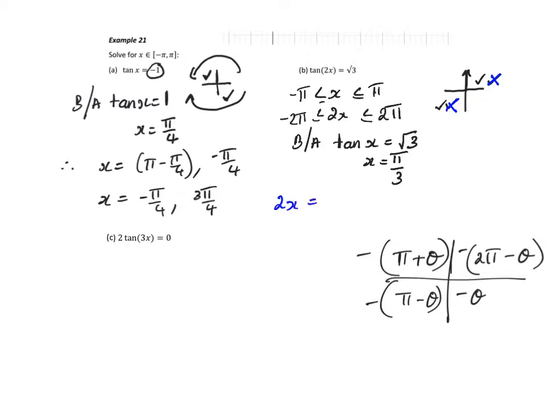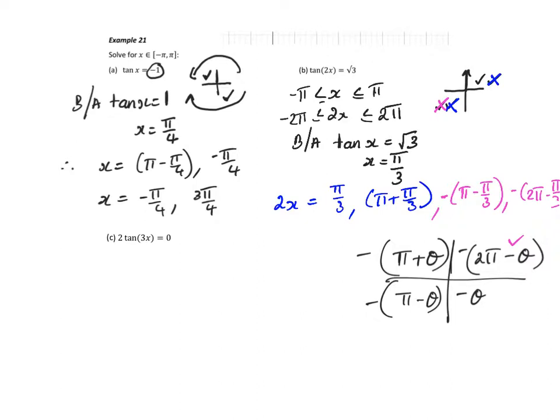So 2x is equal to pi on 3, and the next one is going to be pi plus pi on 3. Going in the negative direction, I'm going to have minus pi on 3, because that's that one there, and here I've got one in this quadrant which is minus 2 pi minus pi on 3.